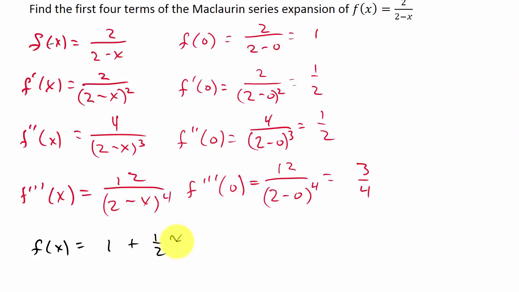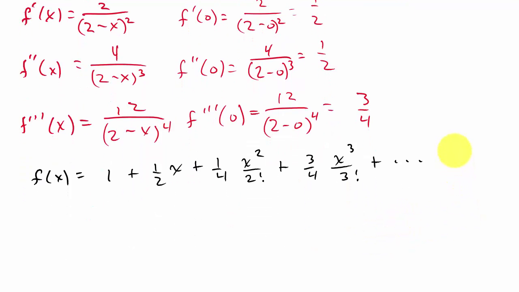So that would be times x, plus 1/4 times x squared over 2 factorial, plus 3/4 times x cubed over 3 factorial plus dot dot dot.